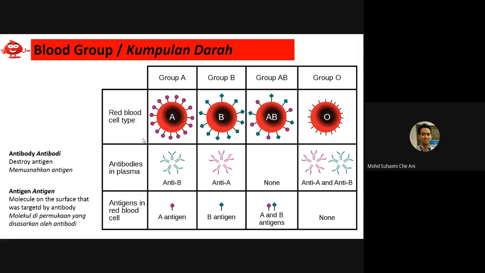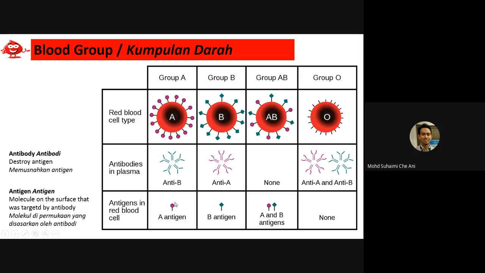Okay, but how do you know that the blood is compatible or not compatible? You need to see the antibody and antigen that exist in the blood group. For example, Group A will have the antibody B. Group A doesn't like B, they are anti-B.